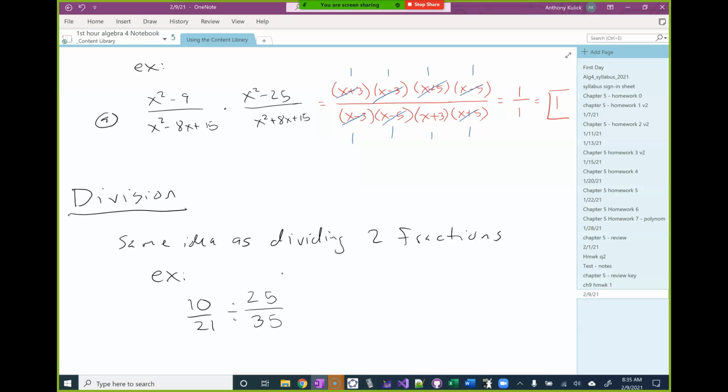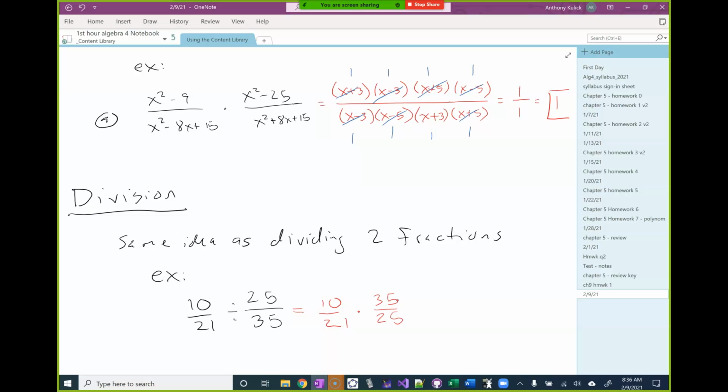The first step is to turn it into a multiplication problem by making the reciprocal of the divisor. So notice that 10 over 21 divided by 25 over 35 becomes 10 over 21 times 35 over 25.